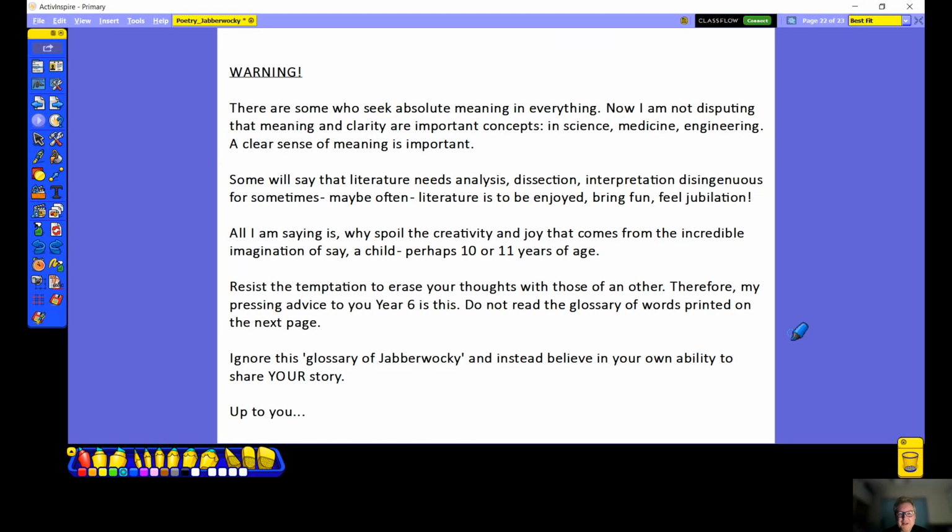Therefore, my pressing advice to you, Year 6, is this. Do not read the glossary of words printed on the next page. Ignore this glossary of Jabberwocky and instead believe in your own ability to share your story.